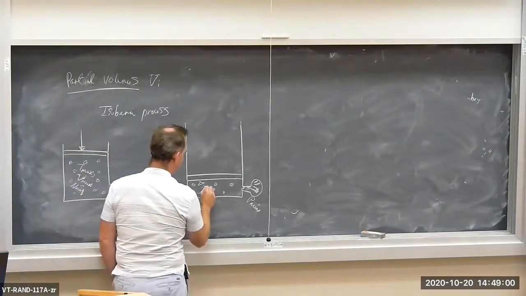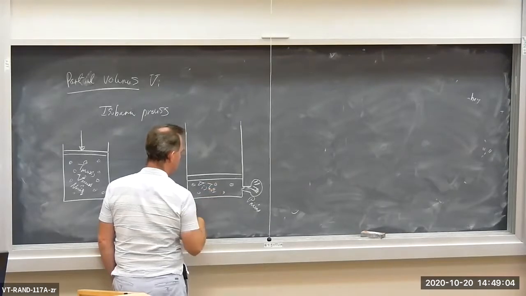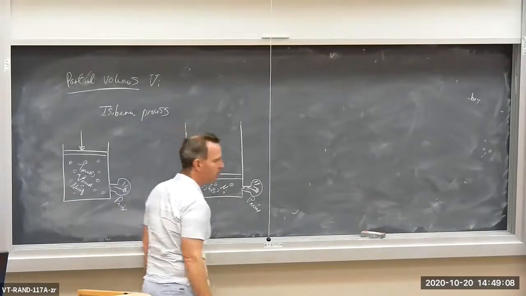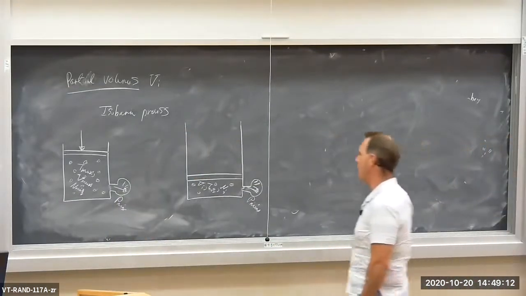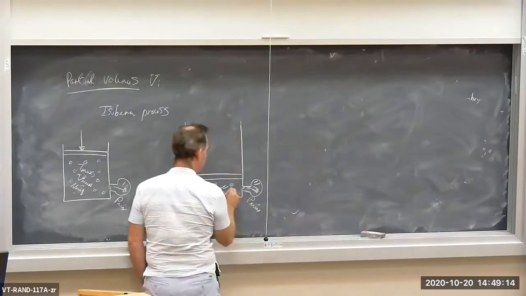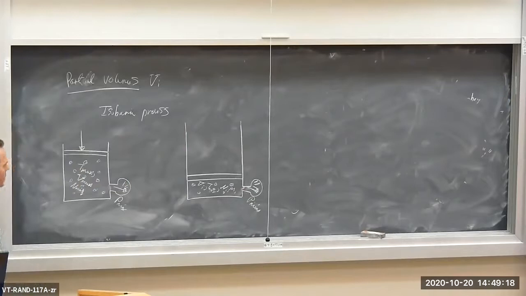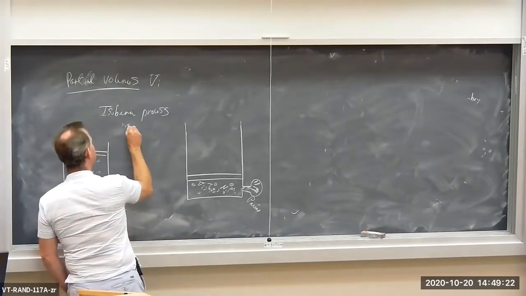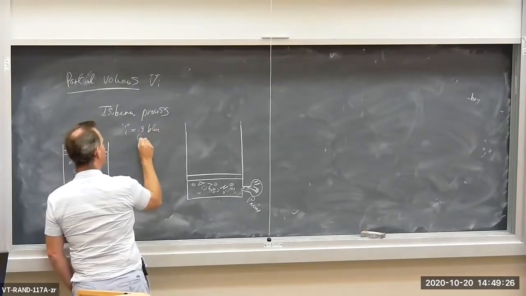I'm still at a temperature T mix. And of course, I have a certain number of moles in there, N sub I, as well as M sub I. There's nothing in there but component I. So I is the blue component.